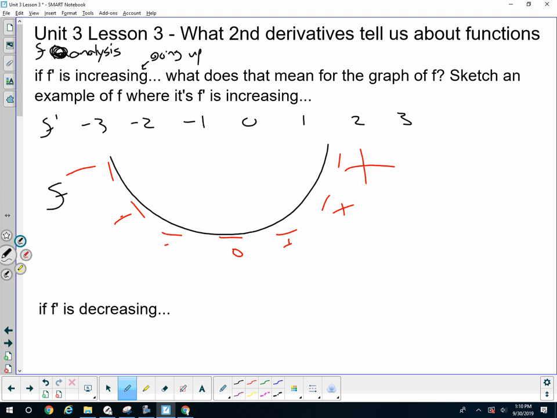So if F prime is increasing, which it is, that means F prime's prime, or F double prime, is positive. So if F double prime is positive, F prime must be increasing. If F prime is increasing, my function must look like this. That's the case for the entire function.